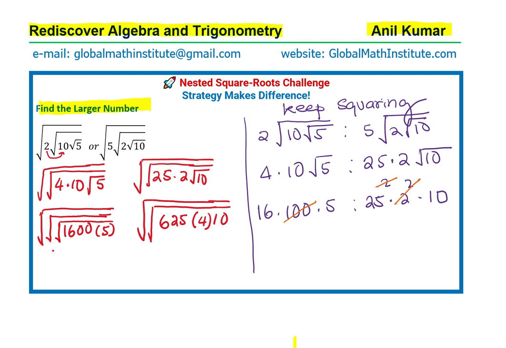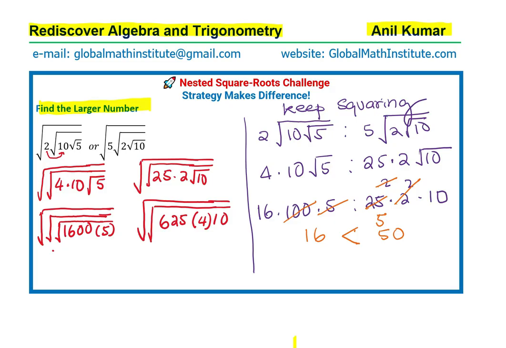Now we have 16 times 5 here. 5 can go with this, with 5 remaining. So we have 16 here to compare with 5 times 10, which is 50, and definitely 50 is greater. So we know that the second number is much greater than the first one.